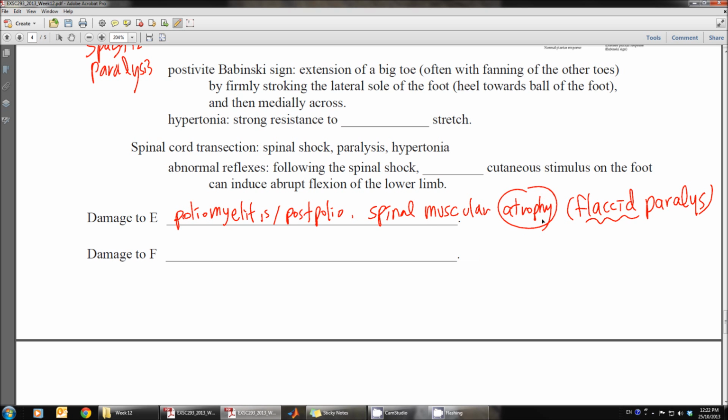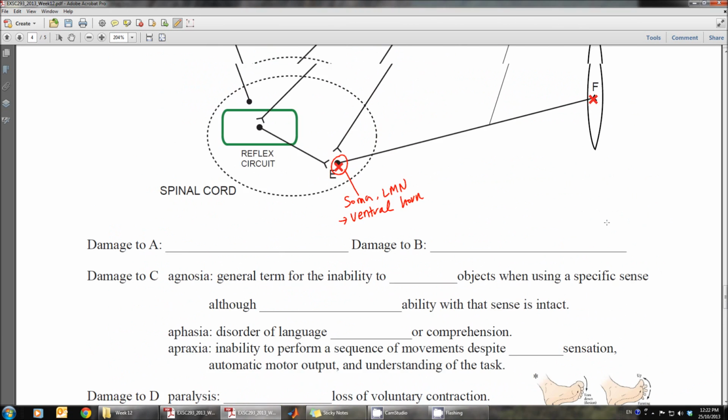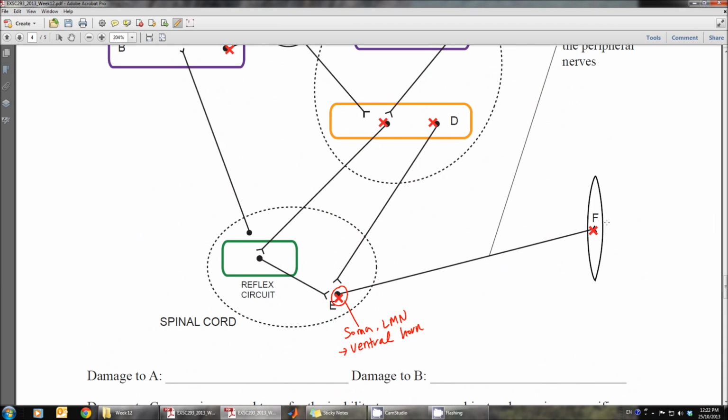Damage to F. Let's have a look at damage to F. Damage to F is specifically related to the neuromuscular junction, the synapse between the lower motor neuron and the muscle.